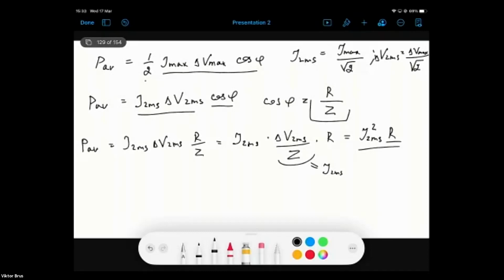And by the way, talking about cosine phi, when the phase shift is equal to 0, cosine phi is equal to unity. So the power factor is equal to unity, and then the average power will be equal just to the product of IRMS and delta V RMS.